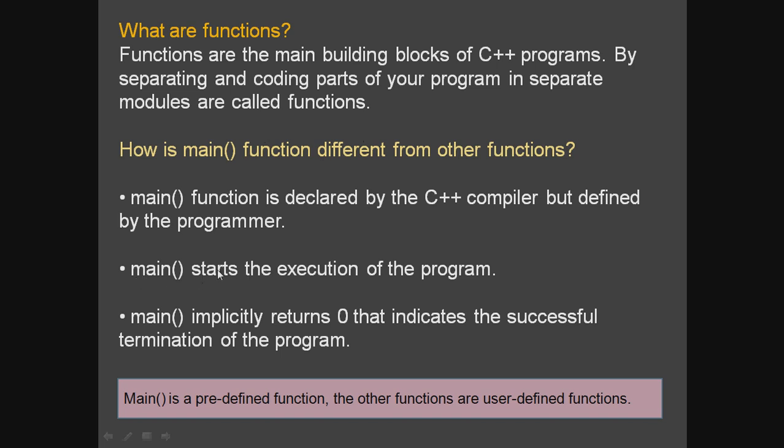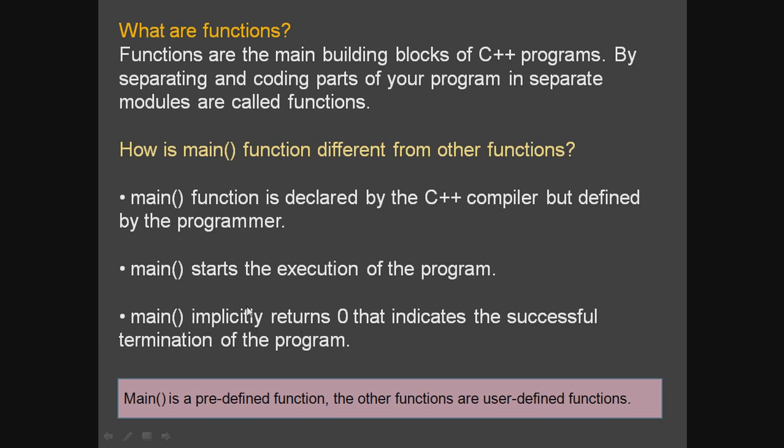Without the main function, the other functions cannot execute, and after the other functions are executed, the program must always come back to the main function to terminate, because the return 0 will be written inside the main function. So the termination of the program is done with the main function.